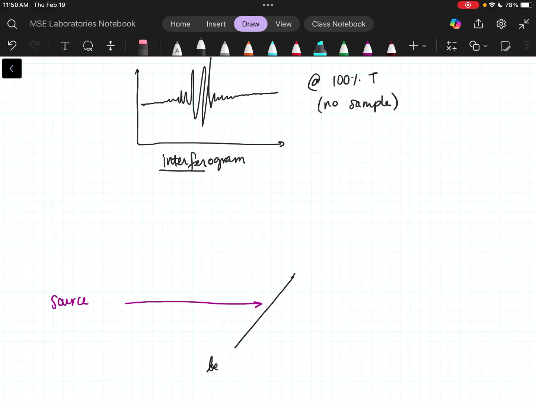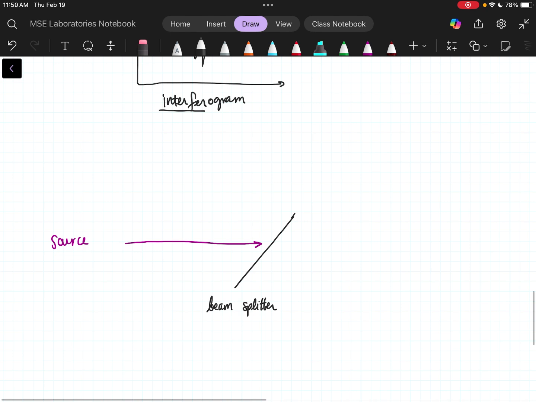And I have something in the path of the source light called a beam splitter. The beam splitter is typically made out of potassium bromide, or KBr.